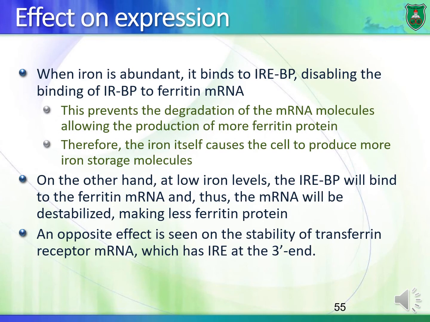And this regulation takes place by a protein known as the iron response element binding protein. What this protein does is that it binds to this element and it regulates the stability of the messenger RNA or the rate of translation.